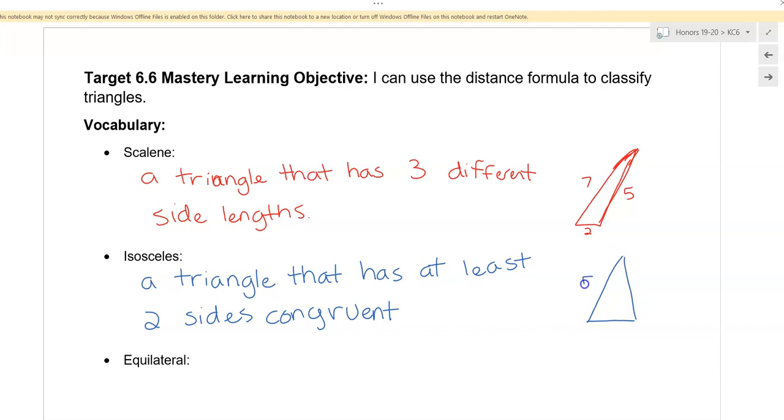So if this is 5 and 5 and 3, these are my congruent sides. All right, that is an isosceles triangle.